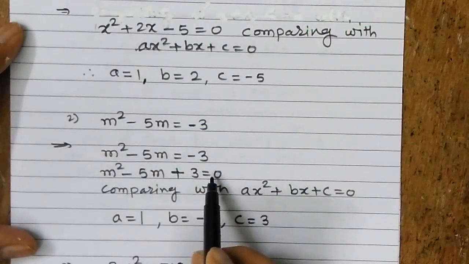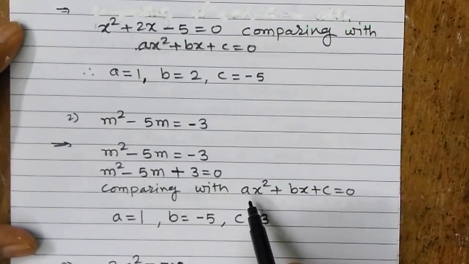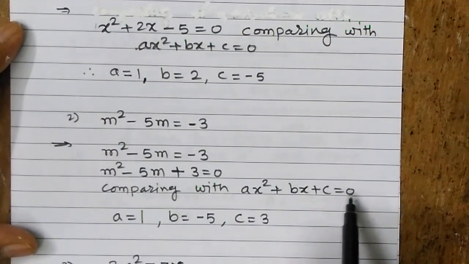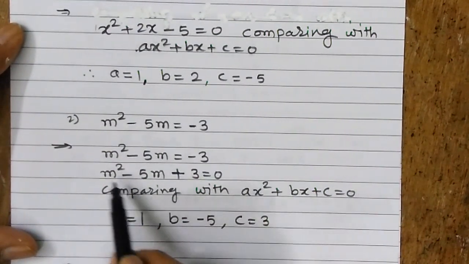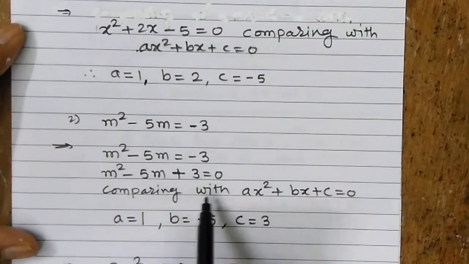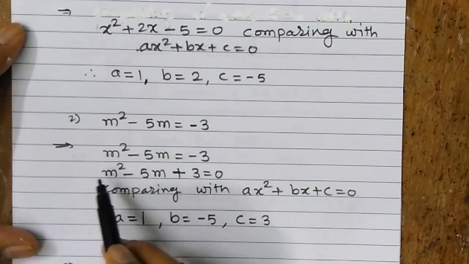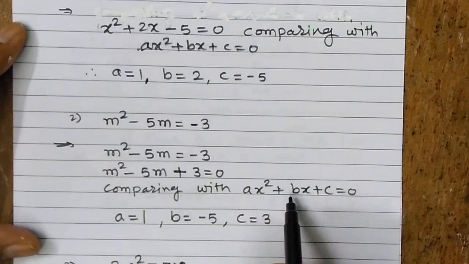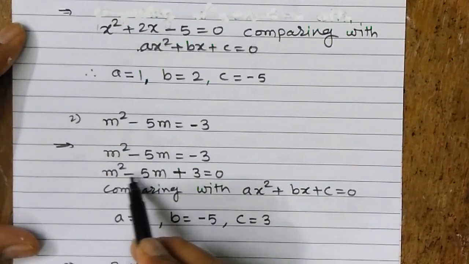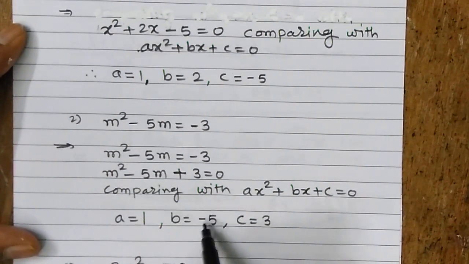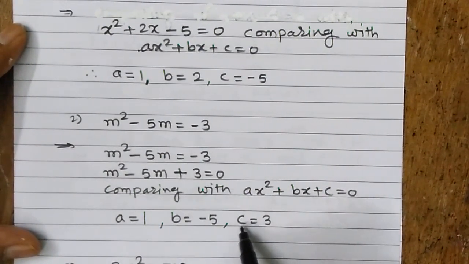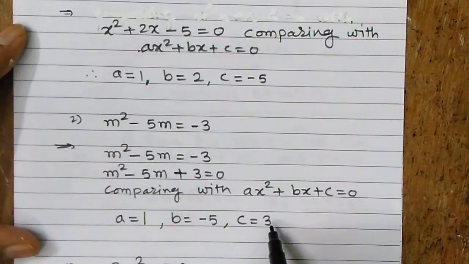Now compare this equation with the standard form ax square plus bx plus c is equal to 0. By comparing these two, the value of a is 1, that's why a is equal to 1. b is minus 5, that's why b is equal to minus 5. And the constant is plus 3, that's why c is equal to plus 3.